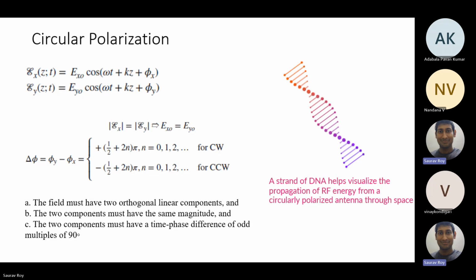That is clear, the absolute values are the same. And the third says they must have odd multiples of 90 degrees. Now, why is odd relevant? Because even multiples of pi by 2 are the same as multiples of pi, and then it becomes linear. Do you understand this part?